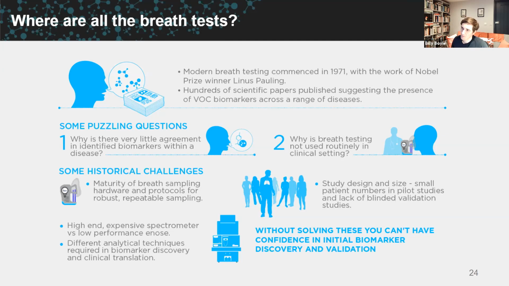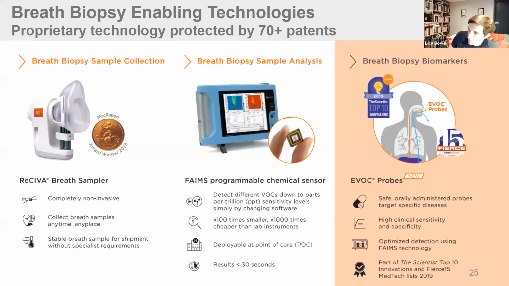And also, when you think about the basic discovery, often people would use the wrong types of analytical approaches in discovery, confusing it with what you need when you come to actual deployment of tests. So I think what we've been able to do as a business is address each of these big key limitations. I'll talk a little bit more detail about each of them.